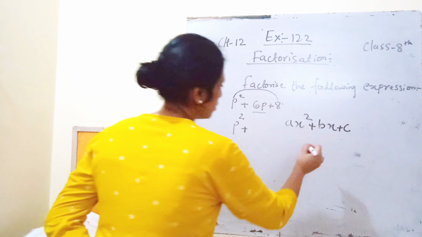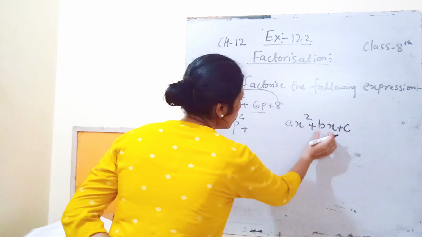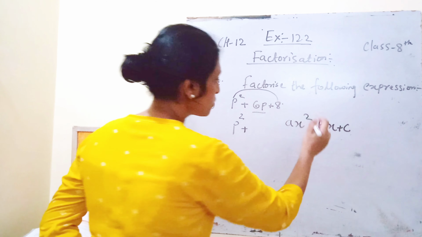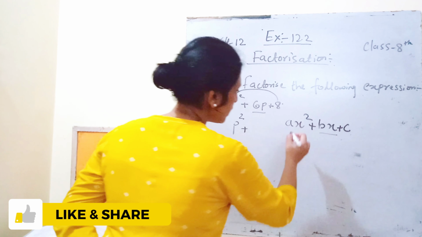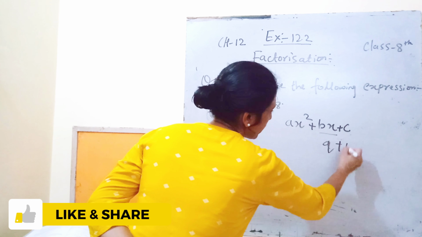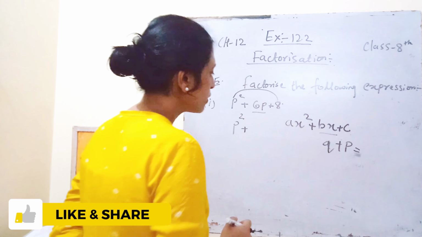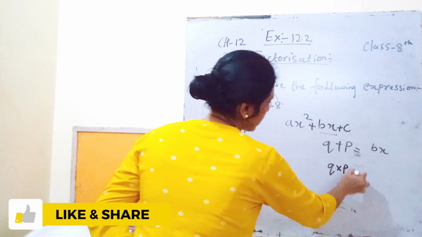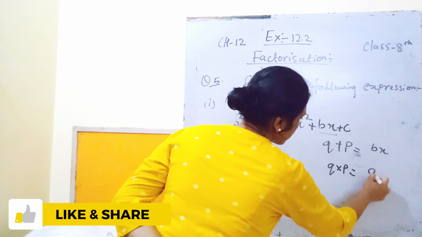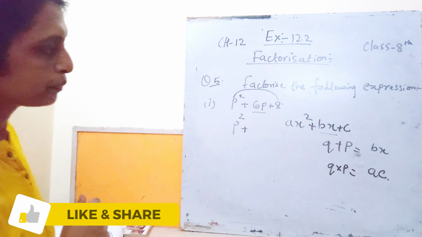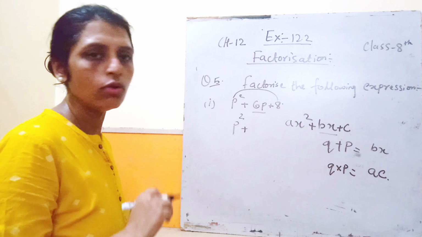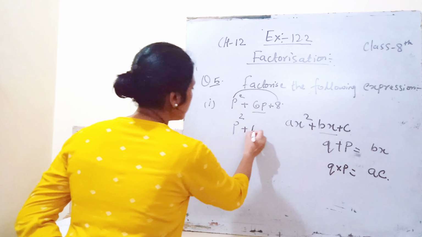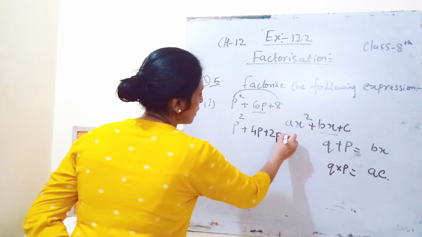Now splitting the middle term means we have to split this middle term in such a way that when we add those two terms we will get the middle term, and when we multiply, like I am taking q and p, so when we add q plus p we should get bx, and when we multiply q into p we should get this AC. Got it?